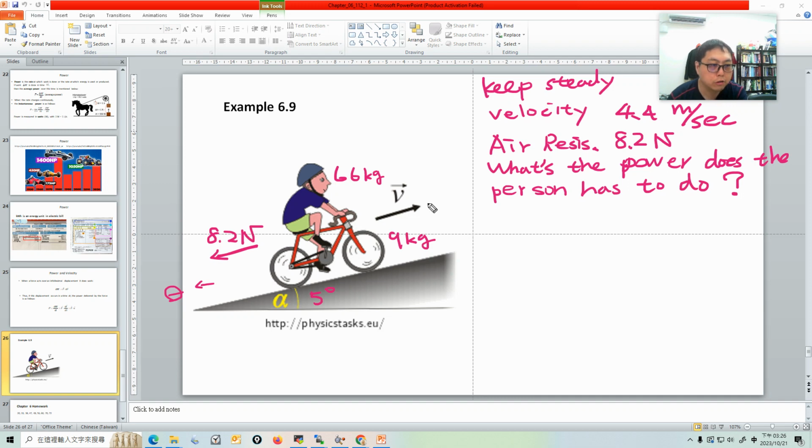How to say it, the force you need to generate.